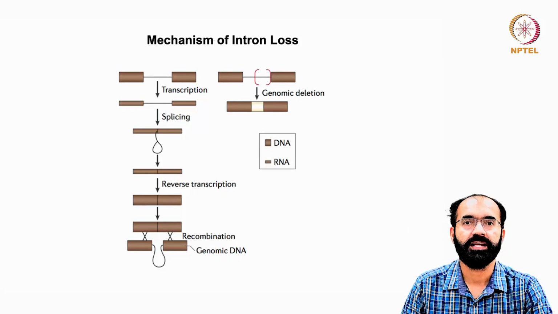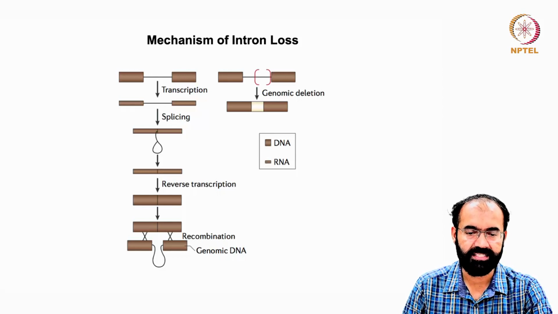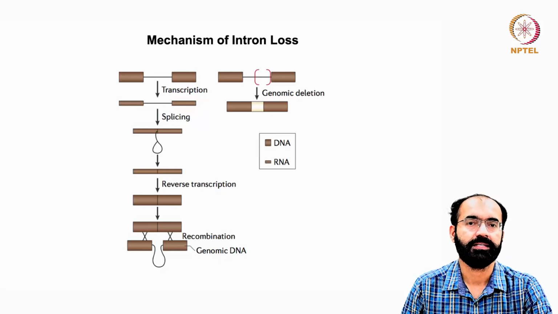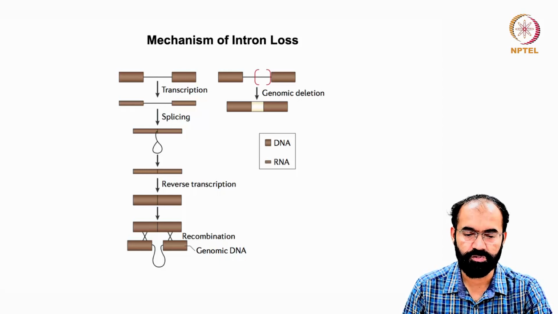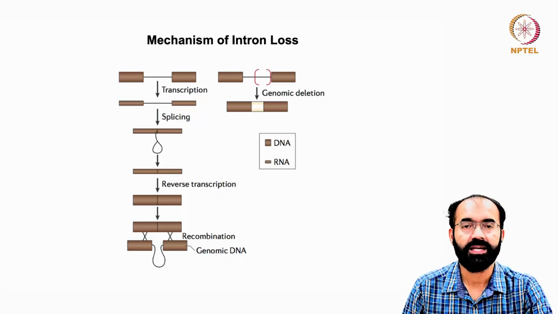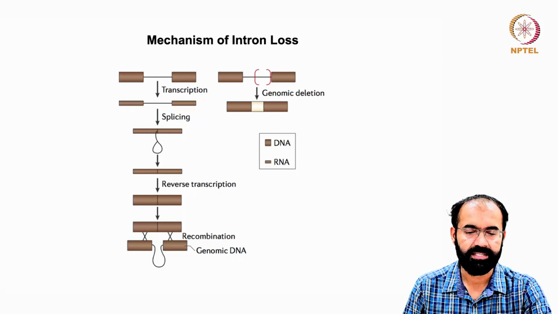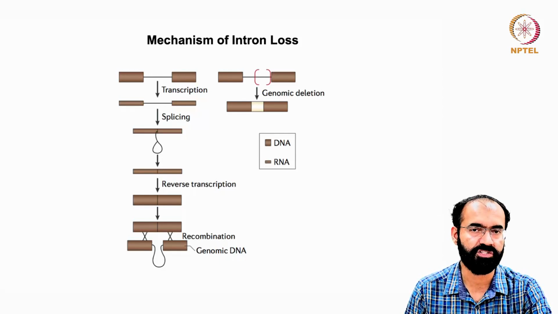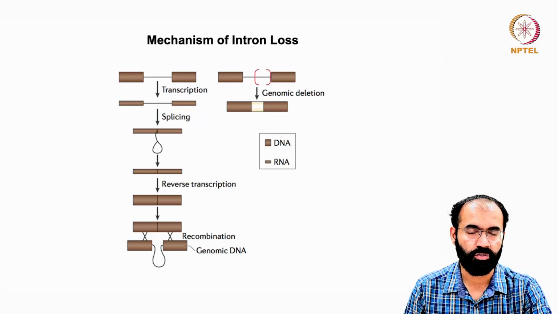So we were here in the previous class, that is mechanism of intron loss, and we had proposed two possible situations. One is the reverse transcription mediated loss, that is when a cell has encountered a reverse transcriptase and it can recombine back into the genome where the exons are there.